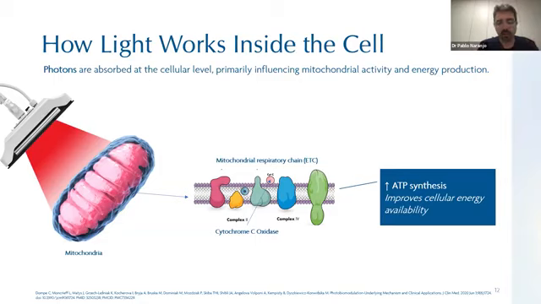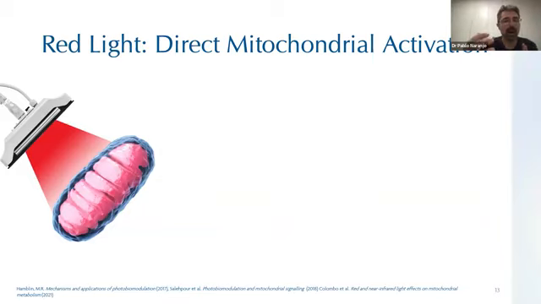This is direct activation by light, like the blue or the red. When we talk about infrared light, we are going to interact with the membrane of the cell, so with another part of the cell, and this is the reason why both wavelengths are so synergistic.